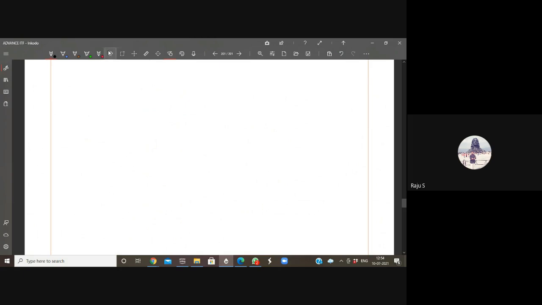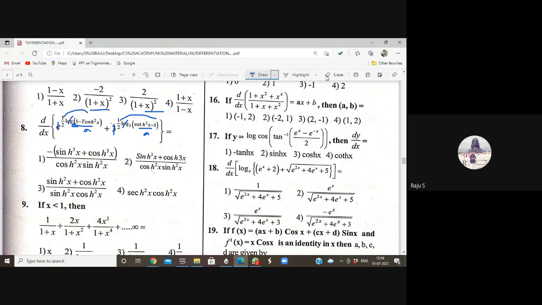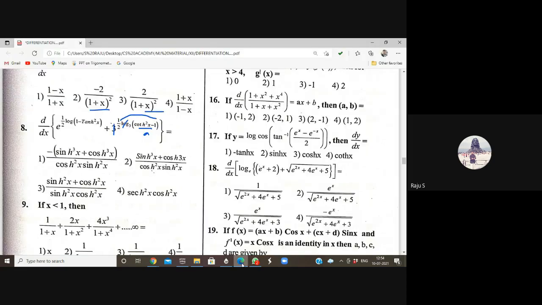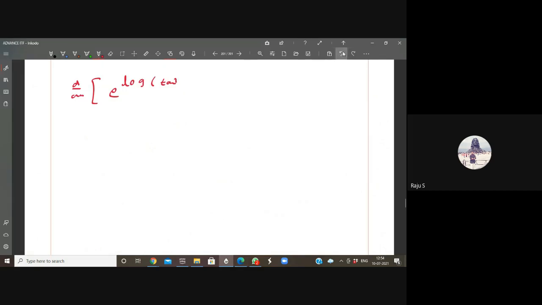Easy question. Hyperbolic concept they given. d by dx of, what is the function they given? First one is e to the power of log of 1 minus tan square hx, shall I write all to the power of 1 by 2?